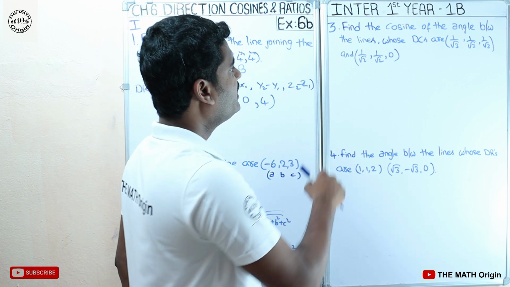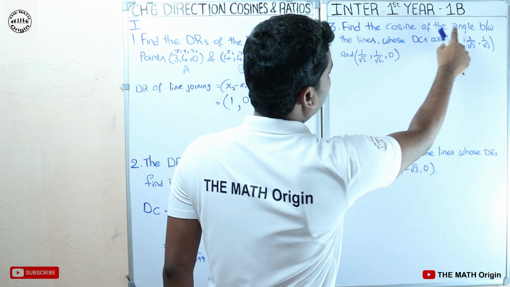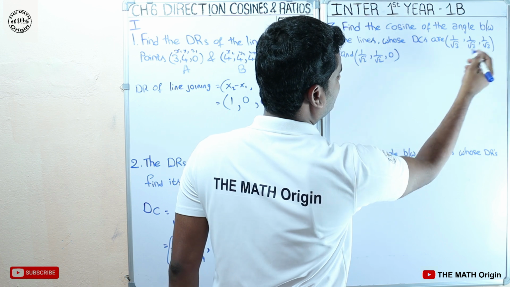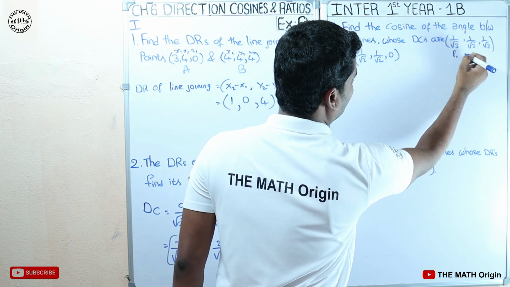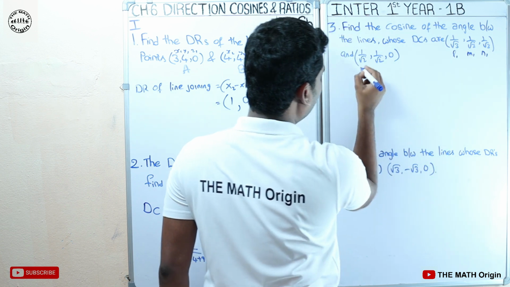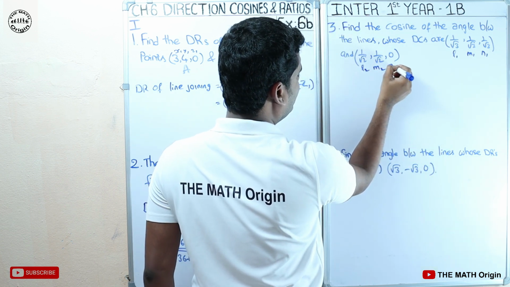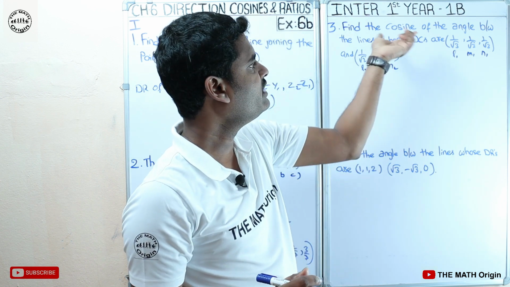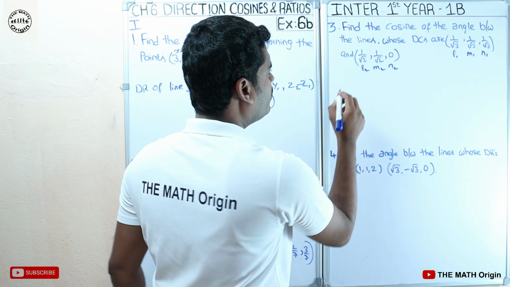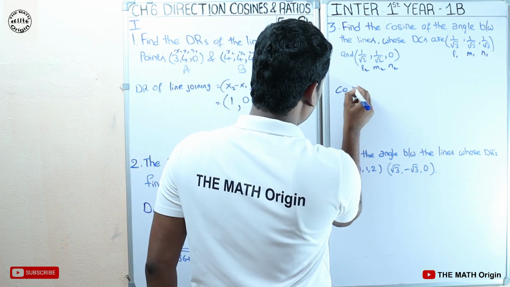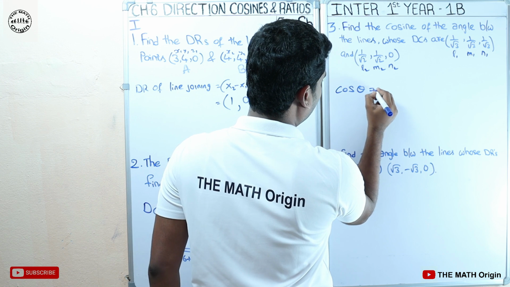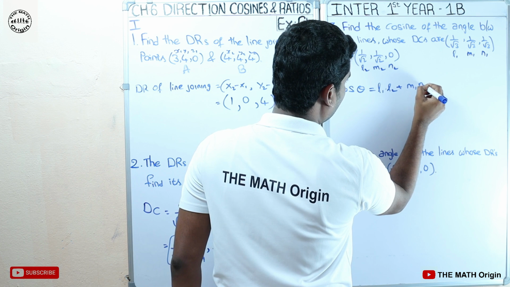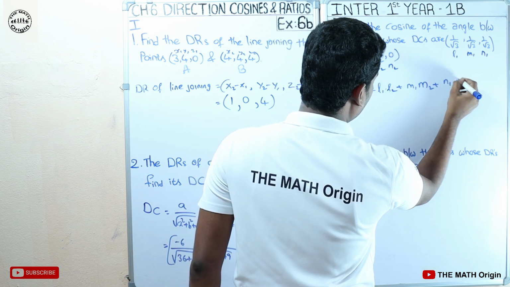Next, third question: find the cosine of the angle between the lines whose direction cosines are given. Direction cosines are like L1, M1, N1 and L2, M2, N2. If the given values are direction cosines and we need to find the angle between the two lines, the formula is cos theta equals L1 into L2 plus M1 into M2 plus N1 into N2.